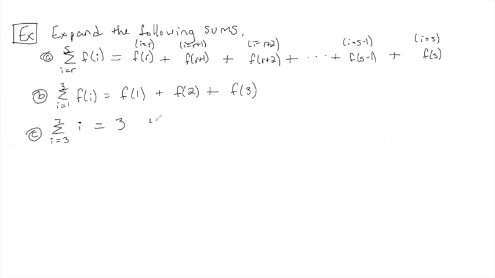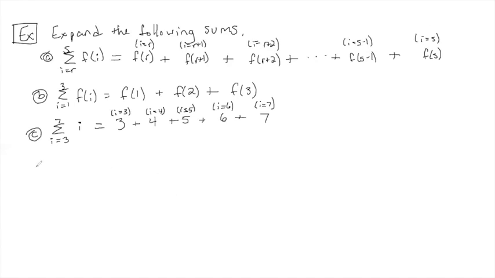Now I plug in 4, then 5, then 6, then 7. Once I hit 7, I stop. Plus, plus, plus, plus. Remember, this is i equals 3, i equals 4, i equals 5, i equals 6, and i equals 7.